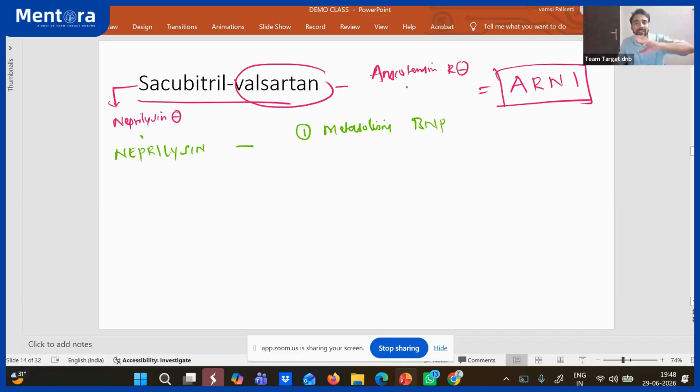It helps to promote excretion of urine and water, so it can decrease the preload on the heart. So these are good stress hormones released by the stress of the heart, right? But neprilysin is metabolizing the BNP. Apart from this, neprilysin also metabolizes angiotensin 2. Very important things. Apart from this, neprilysin also metabolizes bradykinin.